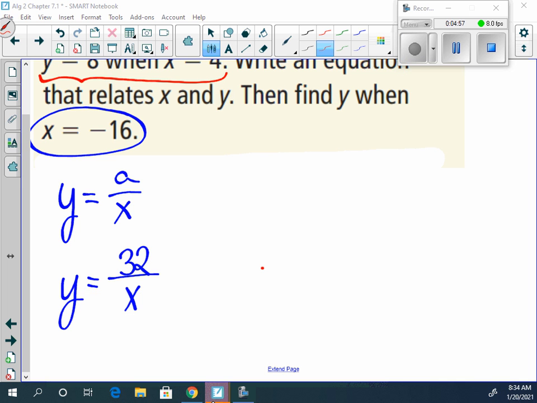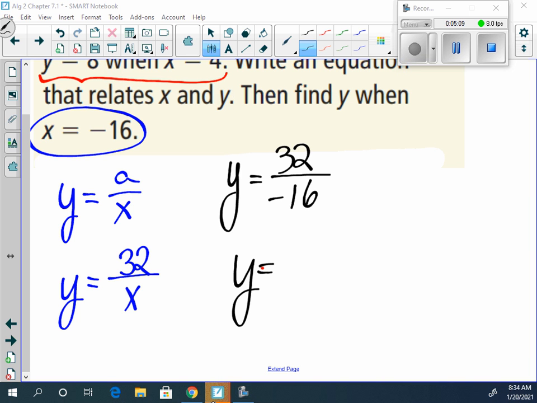Now, we just need to find the value of y when x is negative 16. So y would equal 32 over negative 16. And 32 divided by negative 16, well, a positive divided by a negative would be a negative. And it would be 2. 32 divided by 16 would be 2.